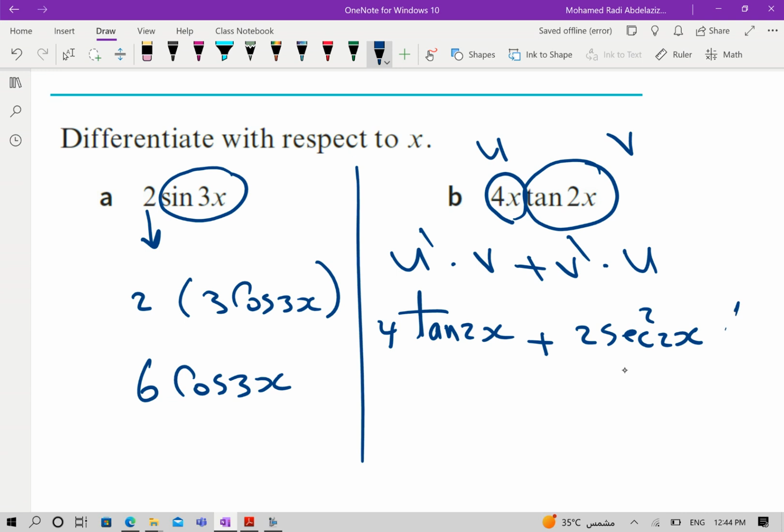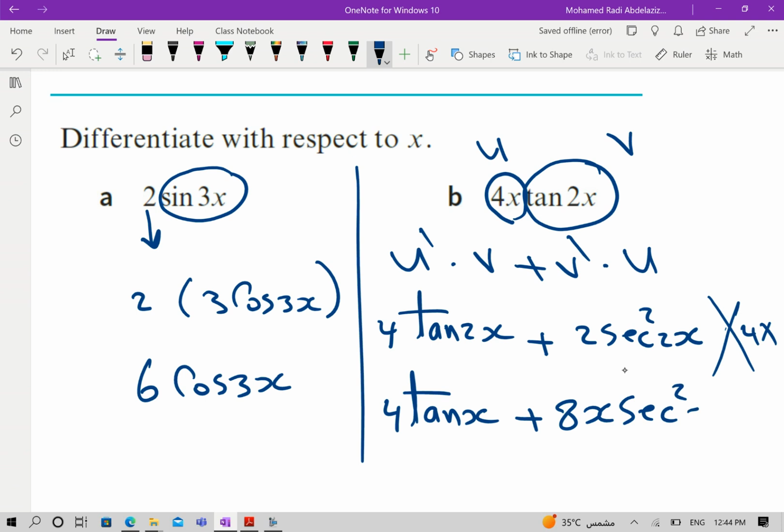Don't forget to multiply by 4x. You can rearrange it and write 4 tan 2x, then 2 by 4 is 8x sec squared 2x. 4 tan 2x, yes, you are right.